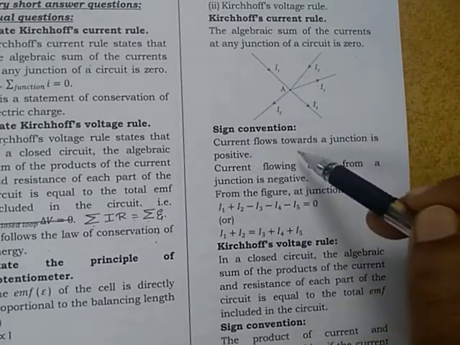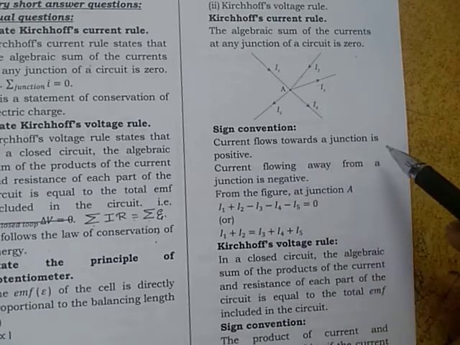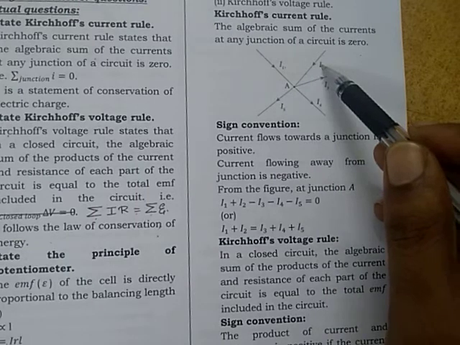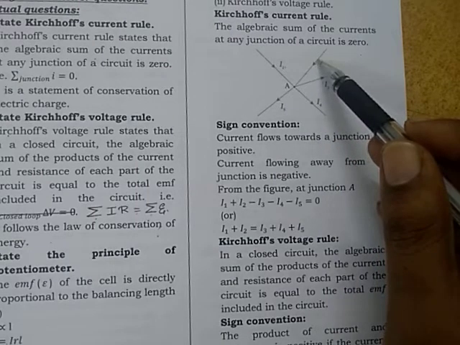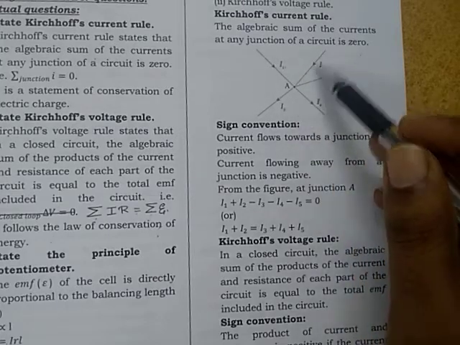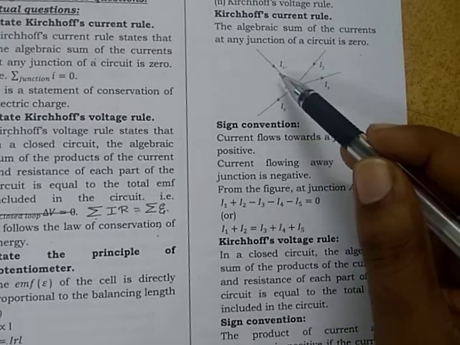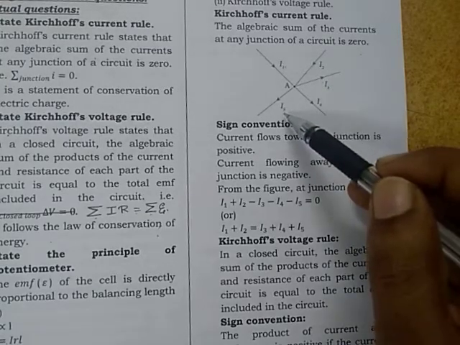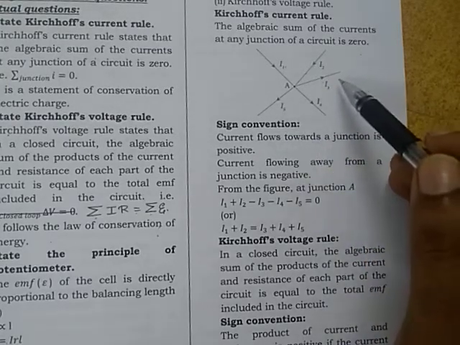Current flowing towards a junction is positive. Here I1, I2 are the currents moving towards the junction, so they are taken as plus I1 plus I2. But I3, I4, I5 are leaving the junction, so they are taken as minus.